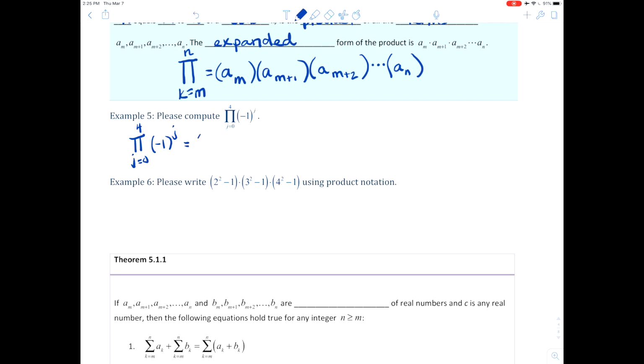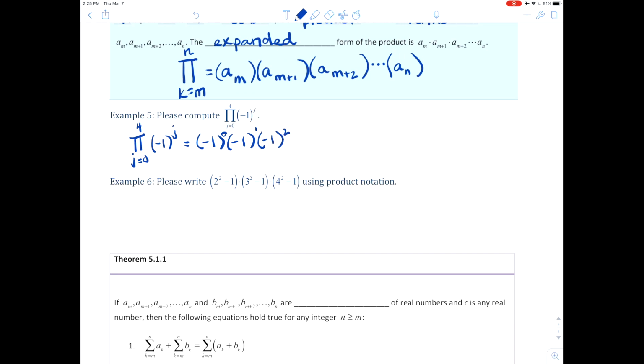So this will be -1 to the 0 times -1 to the 1 times -1 squared times -1 cubed times negative 1 to the 4th. All right, so what's that going to give us?